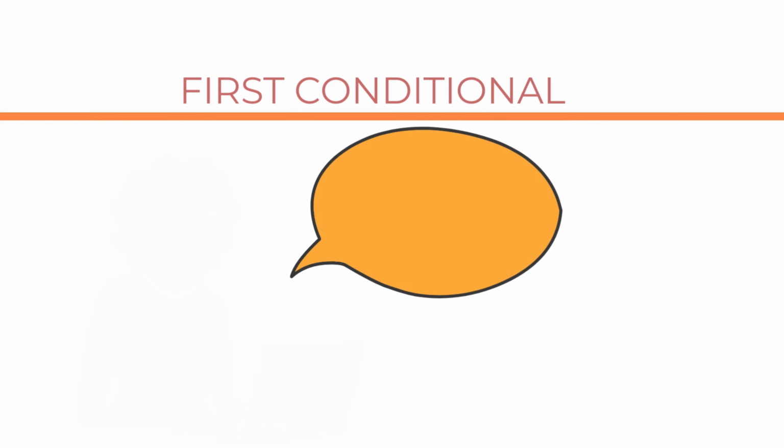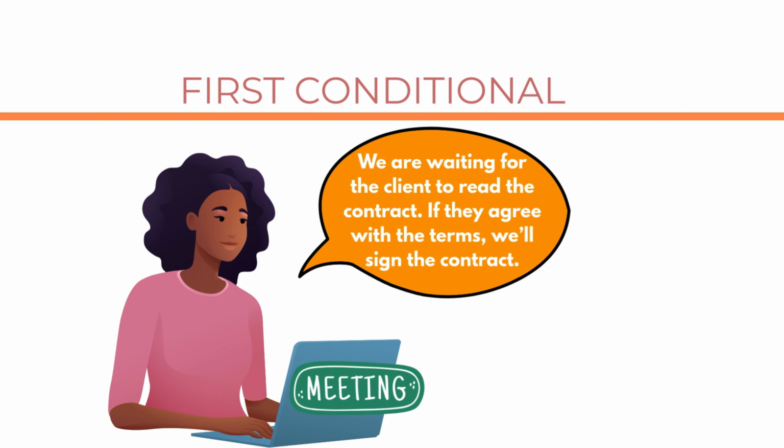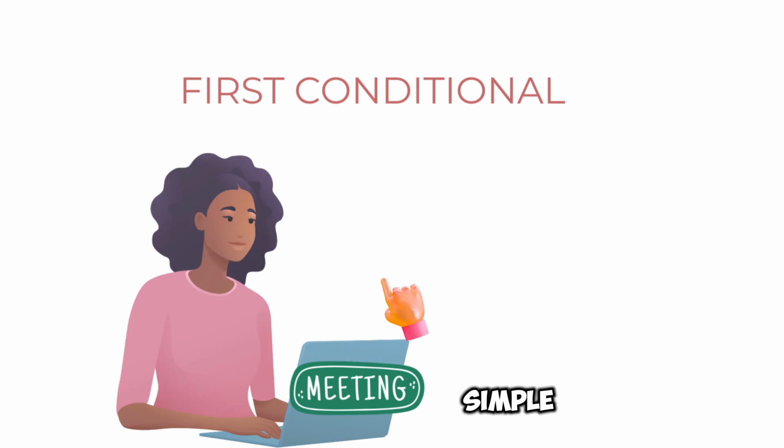Another example, can you locate the first conditional sentence in this statement? It's here, the second sentence. If they agree with the terms, we will sign the contract. The verb in the condition clause is agree, and the verb in the result clause is will sign. Will sign is in the future simple tense.